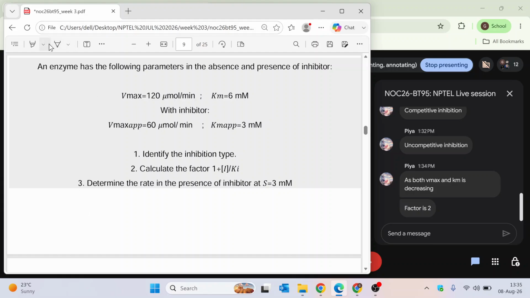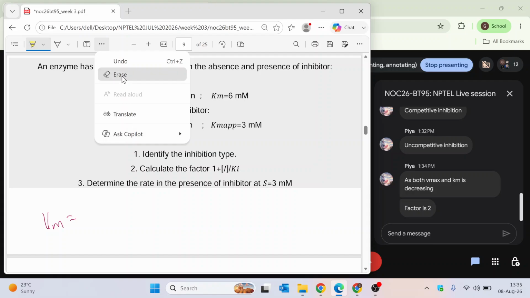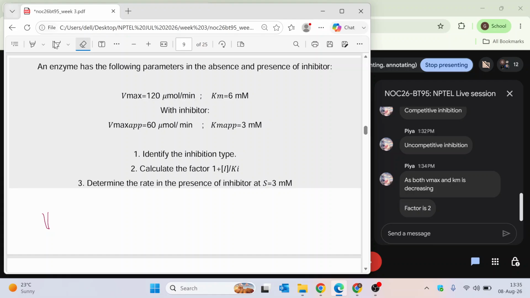So when you talk about uncompetitive inhibition, we all know what is our Michaelis-Menten equation, that is V is equal to Vmax S by Km plus S. But when we talk about uncompetitive inhibition, your Vmax apparent will be your Vmax by the given factor, that is 1 plus I by Ki.